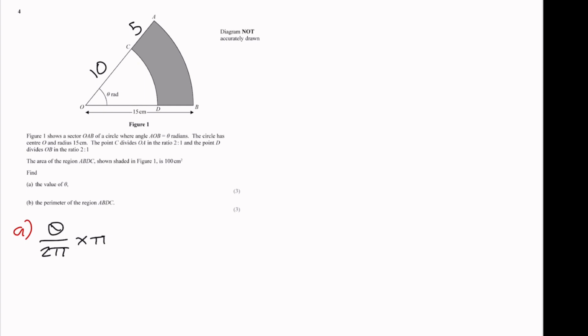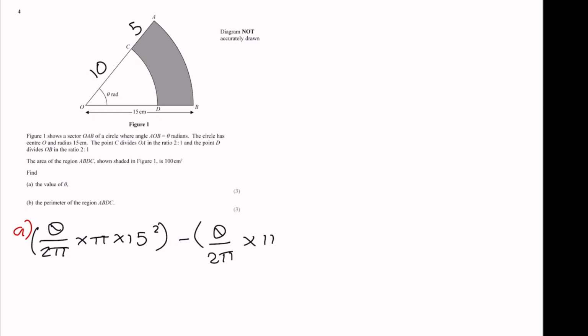So the big sector has radius 15, and we then are going to subtract the area of the smaller sector, which is again theta over 2 pi times pi r squared.